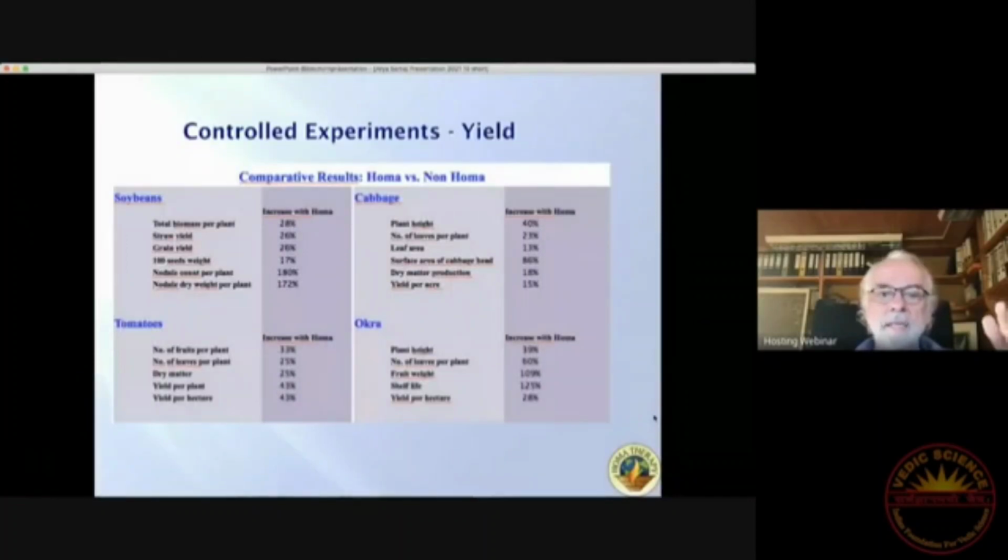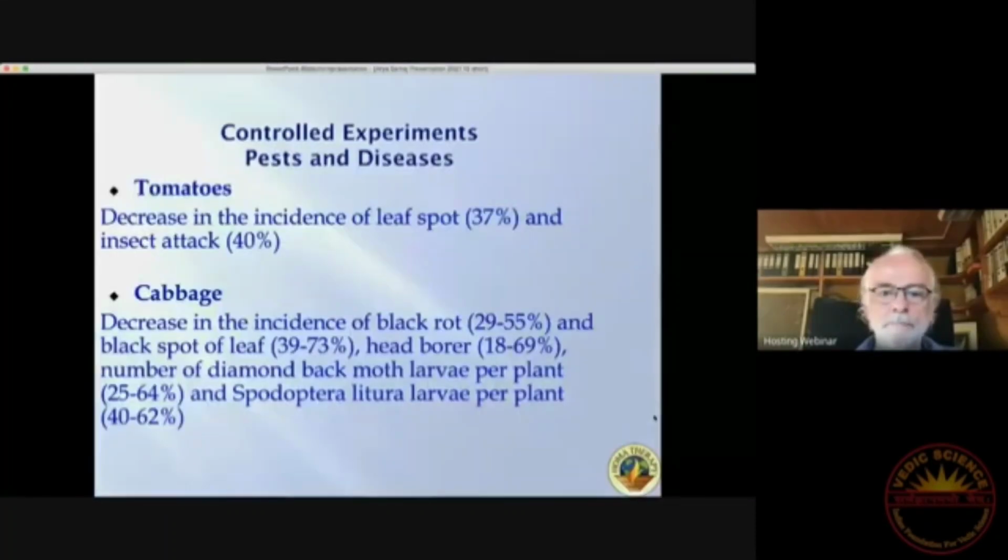And the yield, HOMA versus non-HOMA, you see in all the different parameters for all the plants, there was a big increase with HOMA compared to non-HOMA. So that proves that if you go to organic HOMA farming, you will not have a loss in yield.